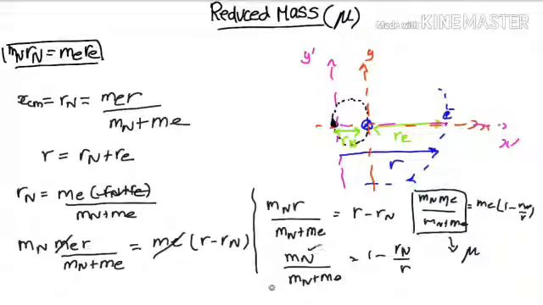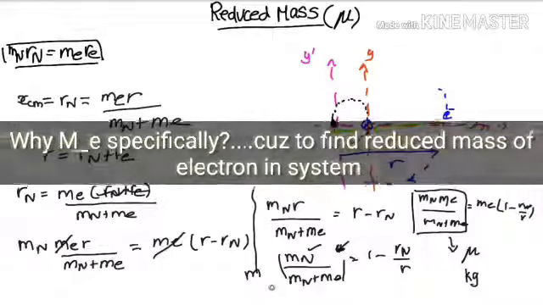So this formula is correct. I just multiplied this formula by Me to define the reduced mass. This number is just a number. To get the reduced mass, I must multiply by a mass, because the reduced mass must have units in kilogram.